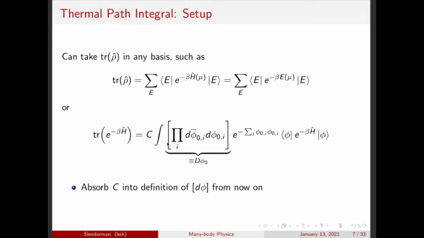So here I have defined this measure of coherent states. And for now, I'm going to just call this big D of phi naught. We have the overlaps. And here we have the matrix elements.